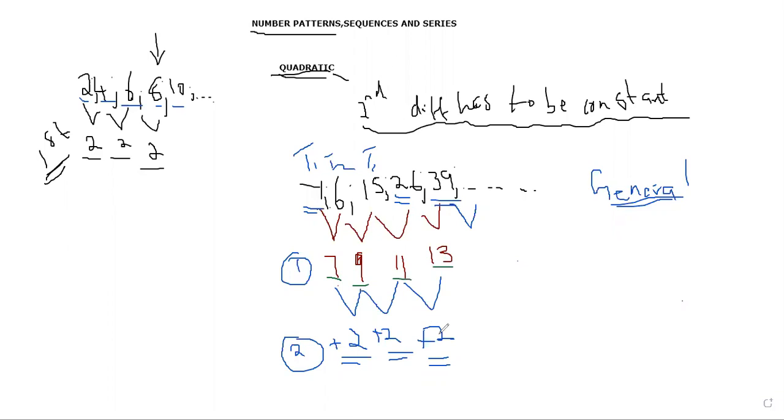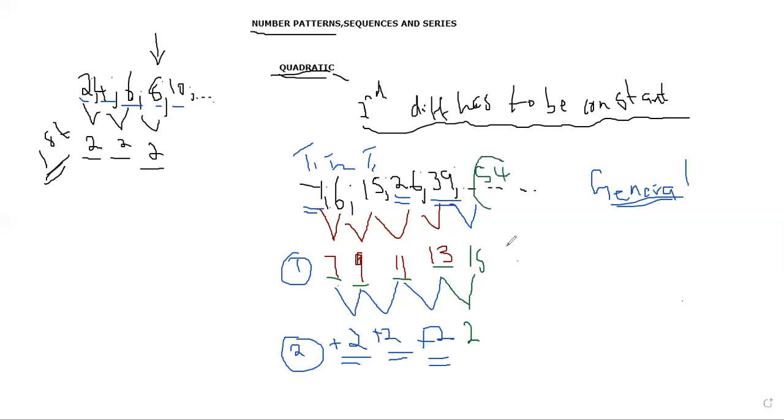So since this 2 is constant, we know for us to get the next term, we must add 2. What is 13 plus 2? That is 15, right? Then what is 15 plus 39? 15 plus 39 will give you 54, right? So you will have your next term as 54.